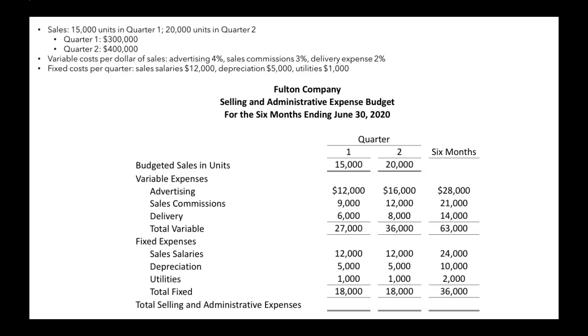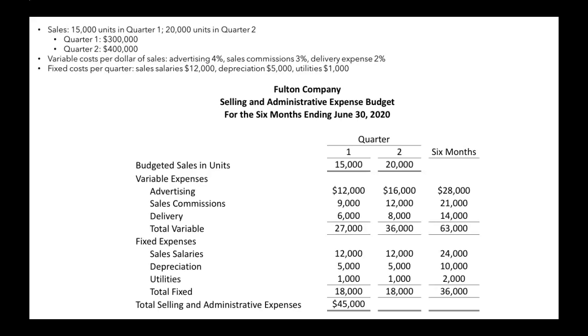So that's taking your total variable plus your total fixed. So for the first quarter, we'll take our $27,000 in our total variable expenses plus our $18,000 in our total fixed to show that we'll have $45,000 worth of selling and administrative expenses in quarter one.